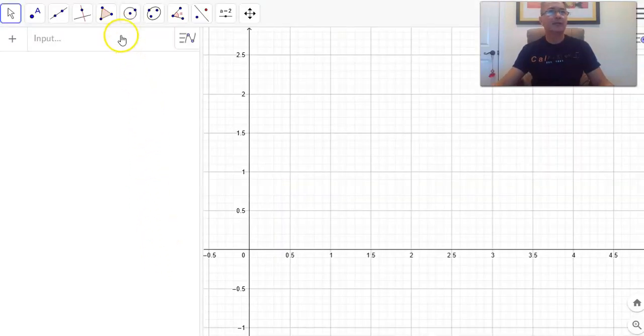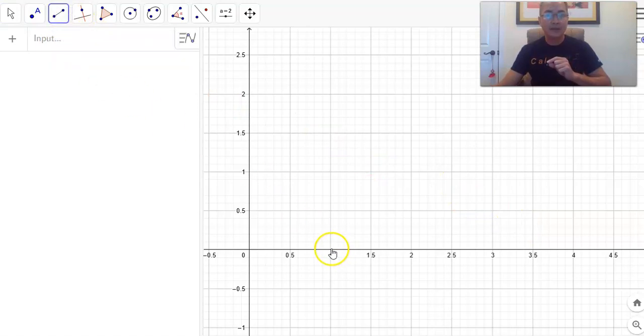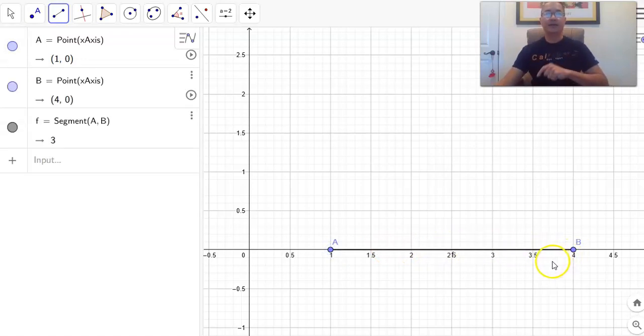All right, here we are, and we're going to stay in just 2 dimensions for this. First of all, we have a piece of wire from 1 to 4. I'm going to use the line segment feature right here, and there we have it, up to 4. There's our piece of wire.